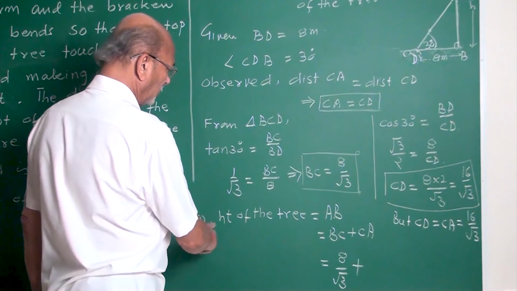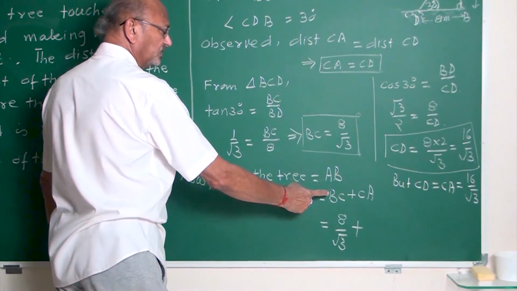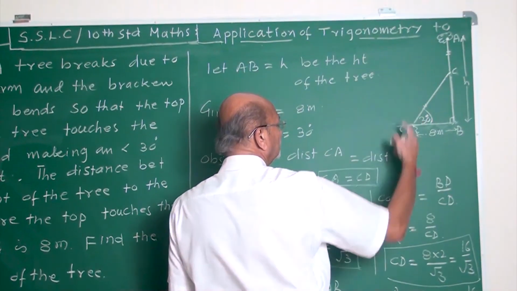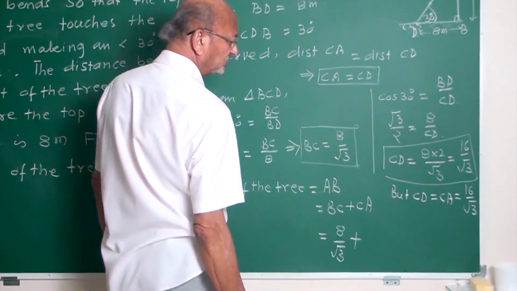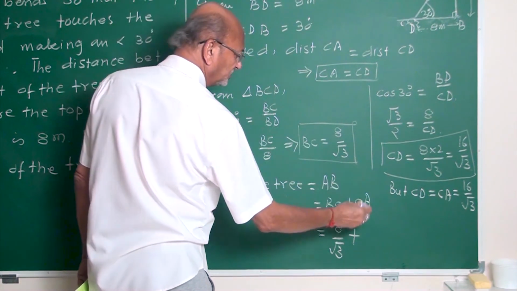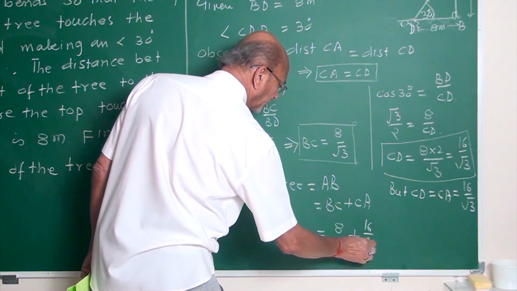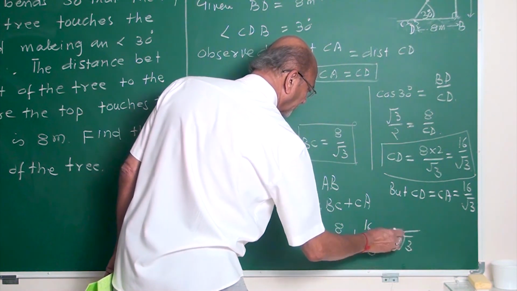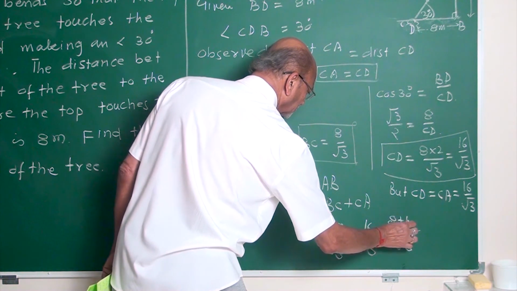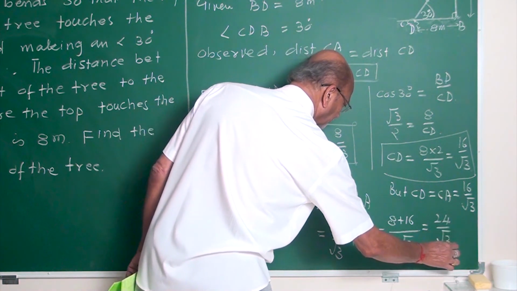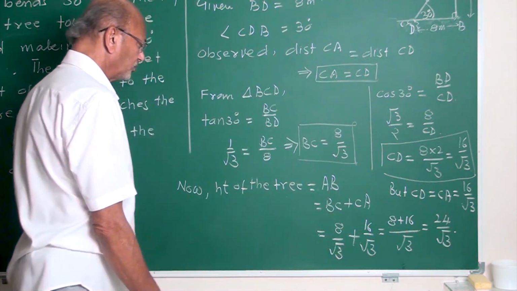Now, height of the tree is AB. AB is what? BC plus CA. BC is 8 by root 3. CA is 16 by root 3. What is the LCM? Root 3. 8 plus 16 is 24 upon root 3.